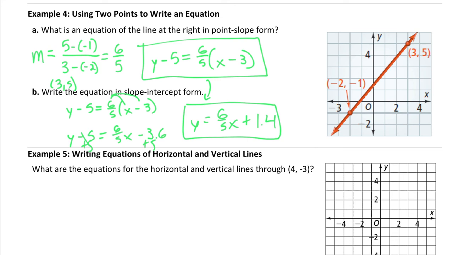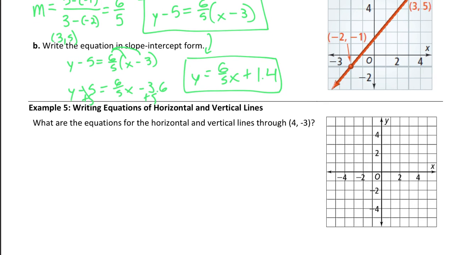So I may ask you to convert point slope to slope-intercept. So just be aware how to convert between the two forms, because y equals mx plus b is what we are going to use the most often, okay? So point slope form, I'm still going to have you practice it, but understand slope-intercept form is going to be the most common, okay?